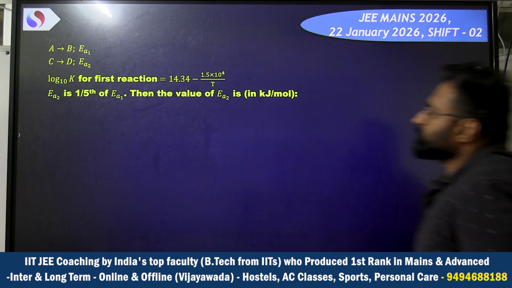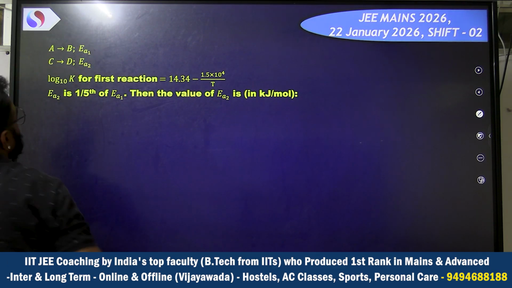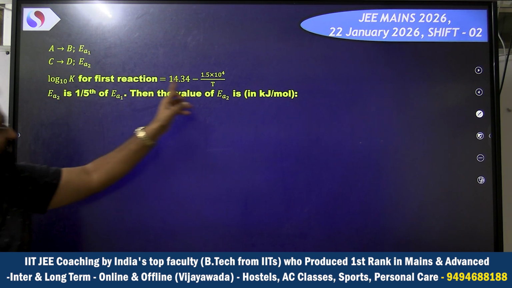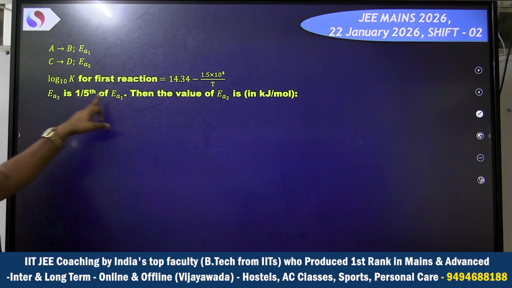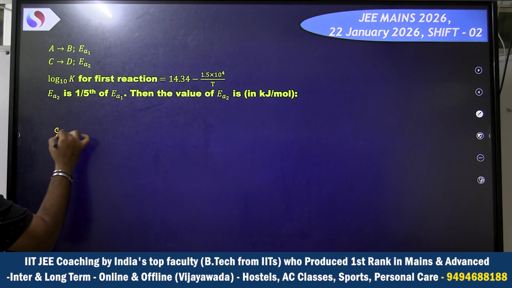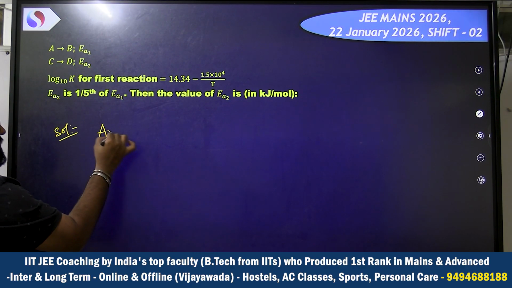Next, for the reaction A to B, EA1 is given. For C to D it is given EA2. Log K for the first reaction is given. EA2 is 1/5 of EA1. So let us find the equation. What is this equation?